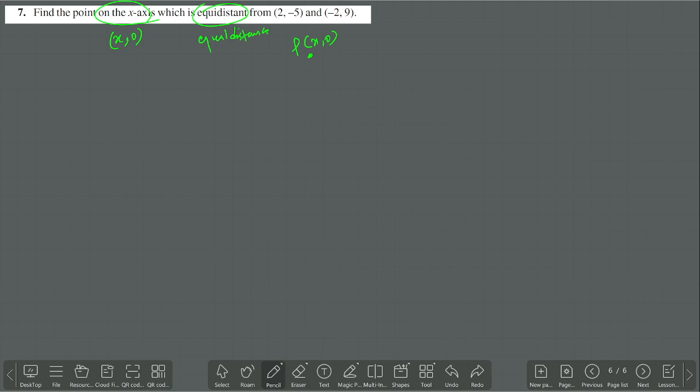So find a point on the x-axis such that P is equidistant from both points, 2 comma minus 5 and minus 2 comma 9.